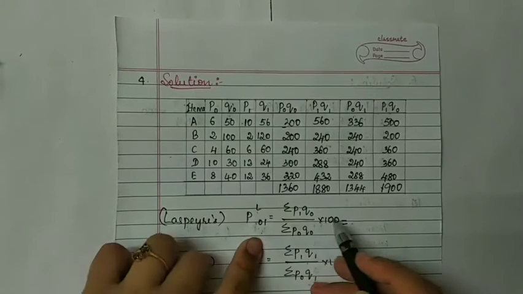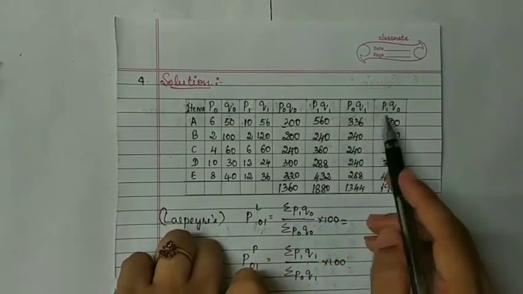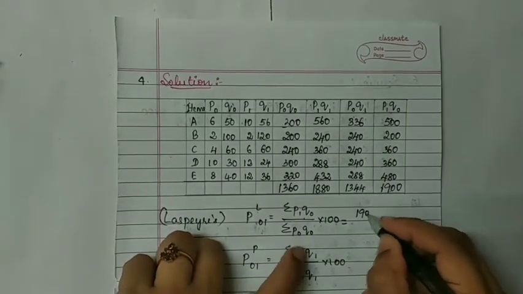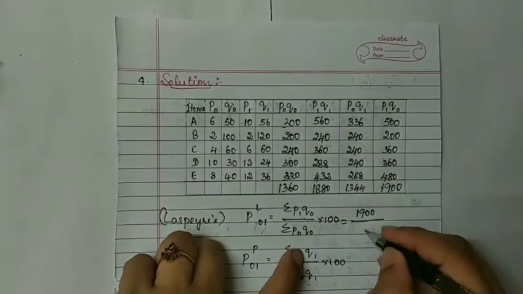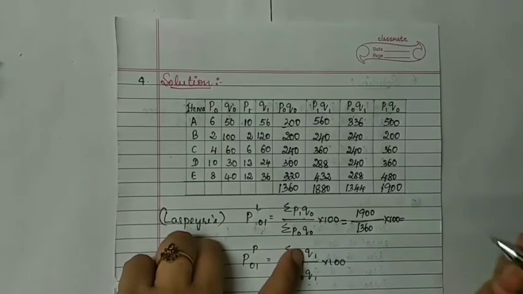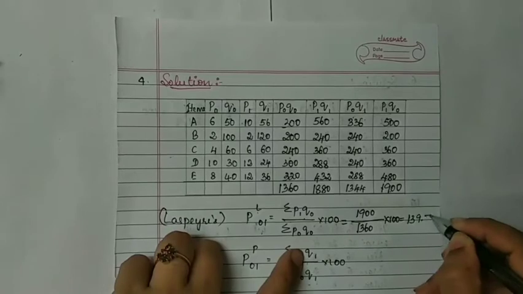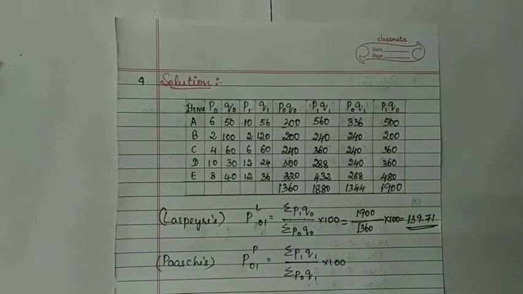P01 of L is equal to summation P1 Q0, that is 1900, divided by summation P0 Q0, that is 1360, multiplied by 100, which is equal to 139.71.